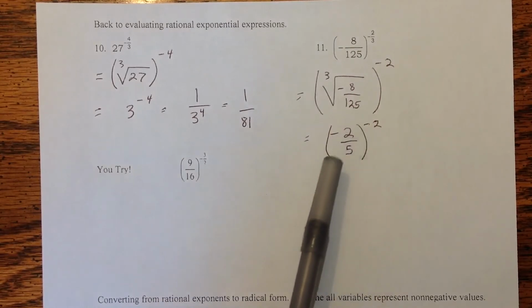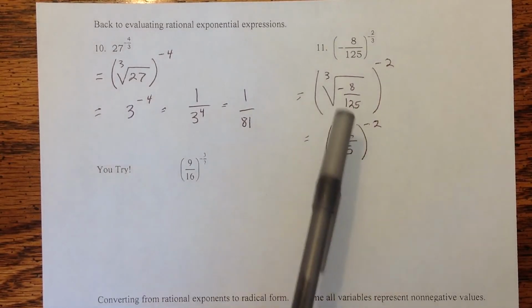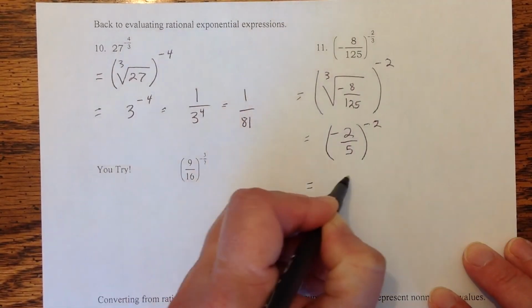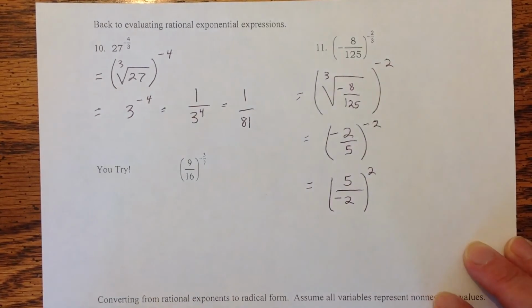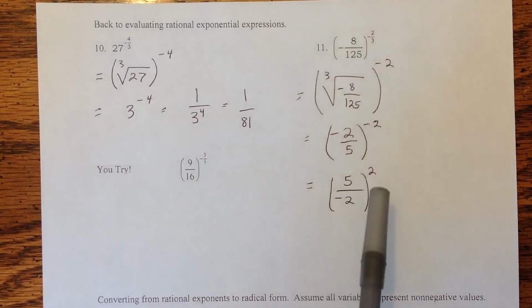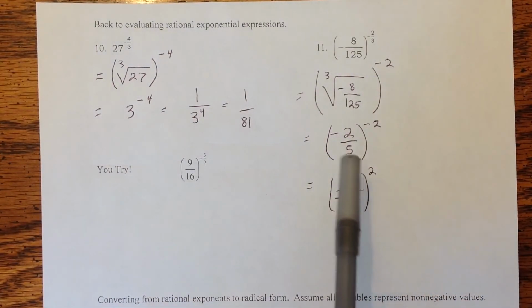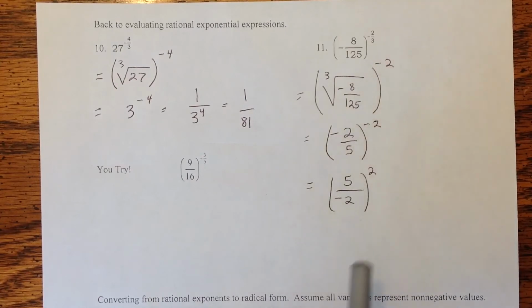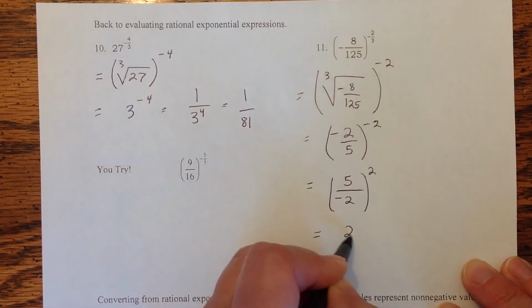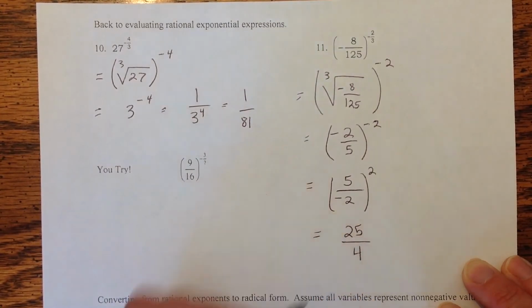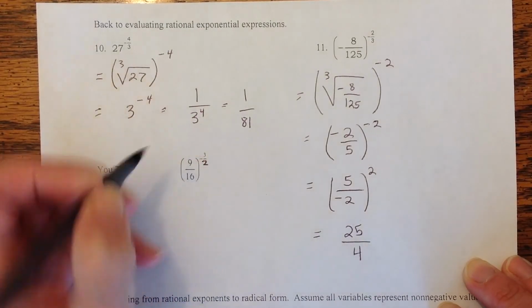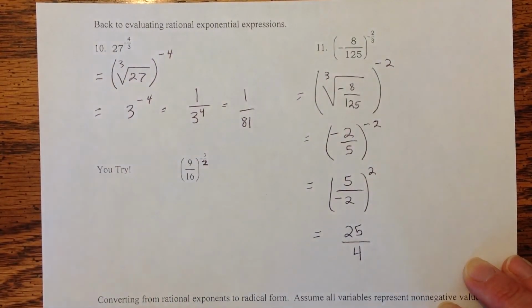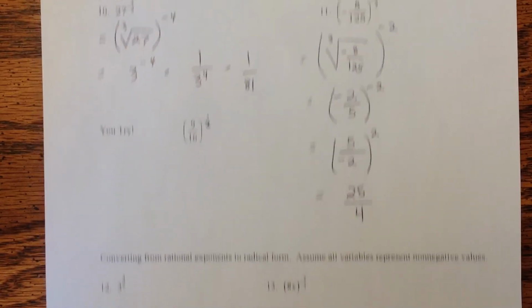So this fraction, when put in the elevator, will just flip over. So we'll write 5 over negative 2 now to a positive 2 power. The power becomes positive because the fraction flipped over. Now every piece of this fraction will be squared. So we get 25/4. This is a 2 here, and you can try that one on your own if you need to.